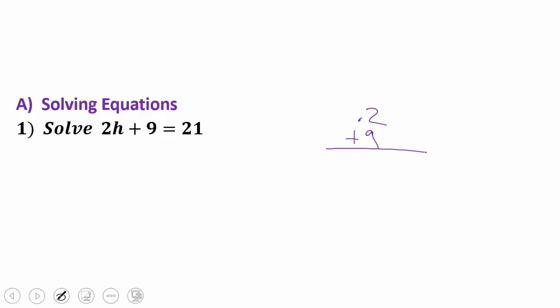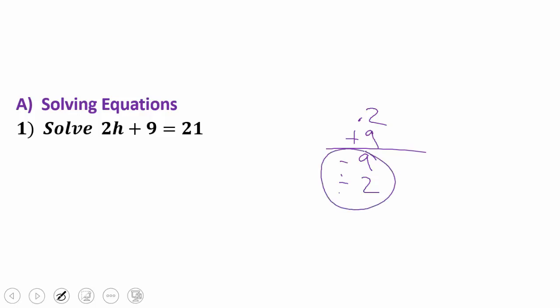That is actually what is happening right now in the equation. So we want to use inverse operations and we want to use them in the reverse order. The first inverse operation would be to subtract 9 and then divide by 2. That's how we solve right here.